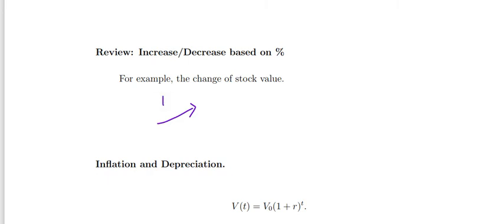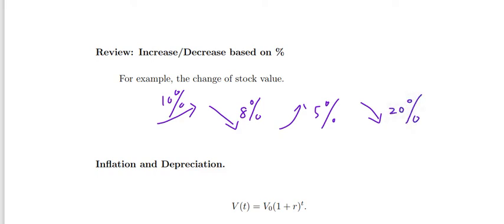Let's say it increases 10%, then sometimes goes down or decreases some percentage, then increases again, or 5%, then goes down. Let's say it goes down 20%. So increase, decrease, increase, decrease. Many things are changing this way. So how to calculate the value after those changes?